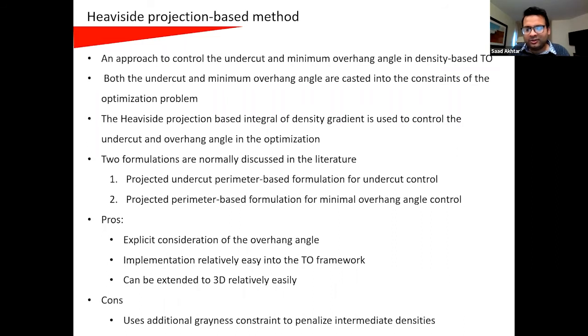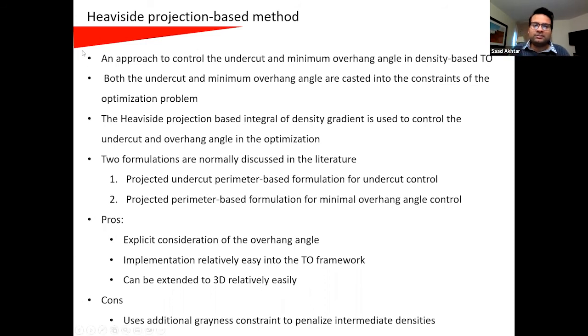Another thing was that you cannot really explicitly incorporate the overhang angle. Let's suppose my technology can withstand an overhang angle of 65 degrees. I don't really know how I can formulate my layer by layer filter in a way that hits that 65 degree constraint.